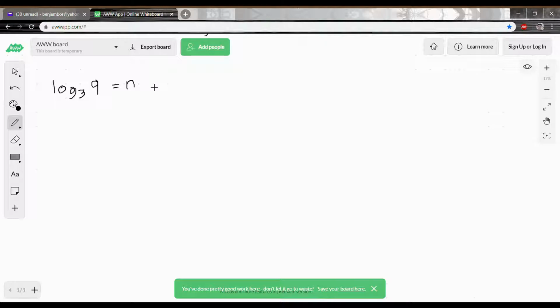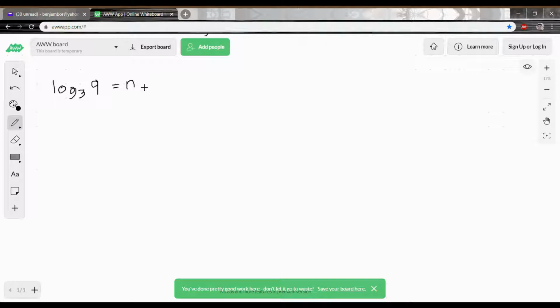We're asking the question, what exponent do we have to raise a base of 3 to in order to result in 9? Now, you may be able to recognize just from knowledge of perfect squares that we would have to square 3 to result in 9, giving us an n of 2. But it's not always going to be as simple as something we can look at and just see.